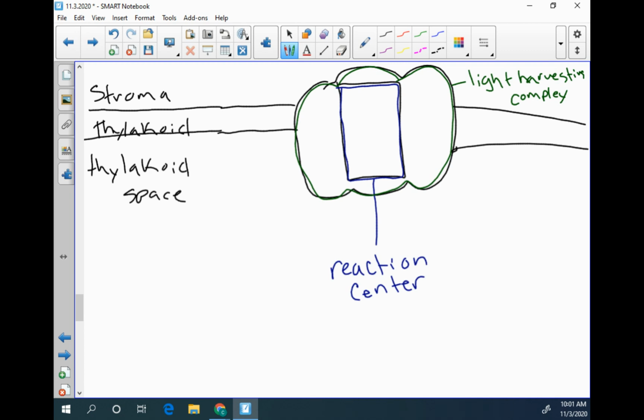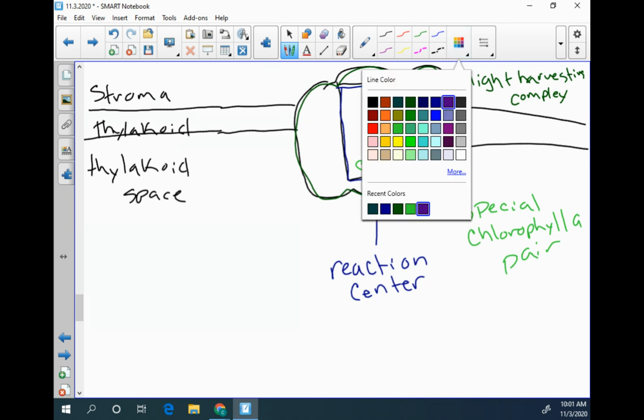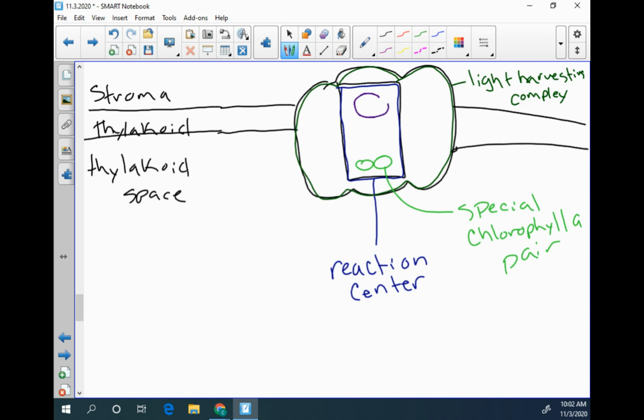We have our special chlorophyll A pair that exists in our reaction center, along with our primary electron acceptor.